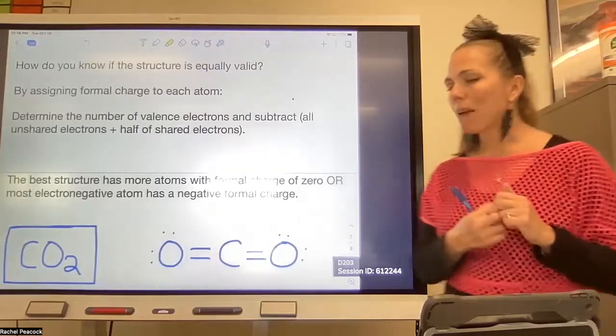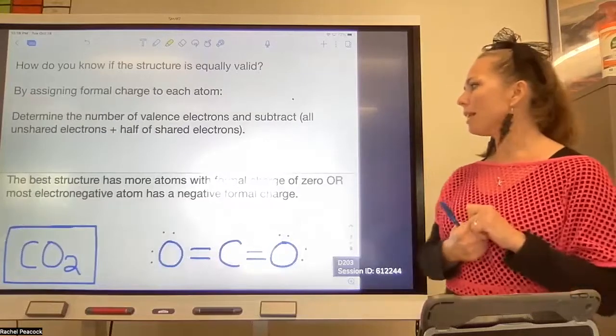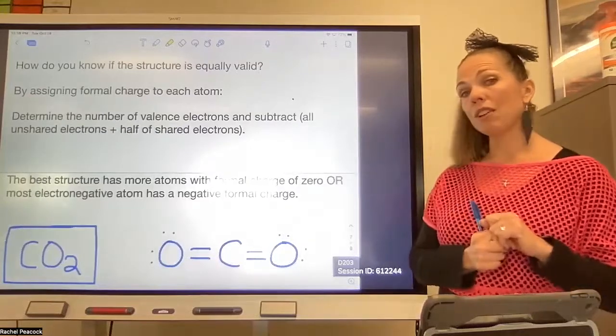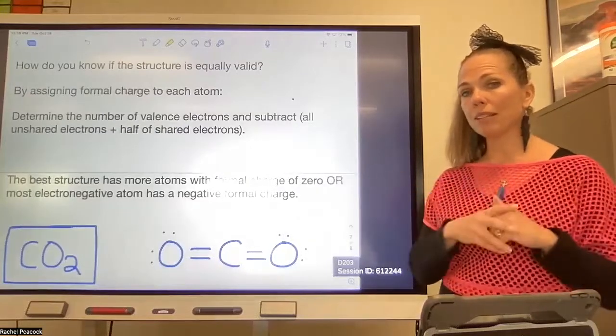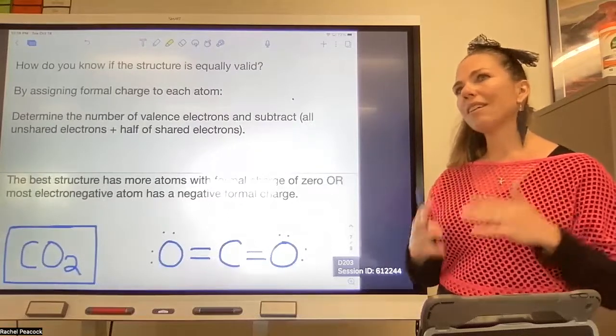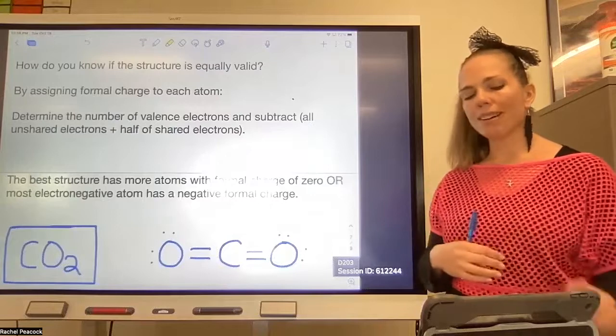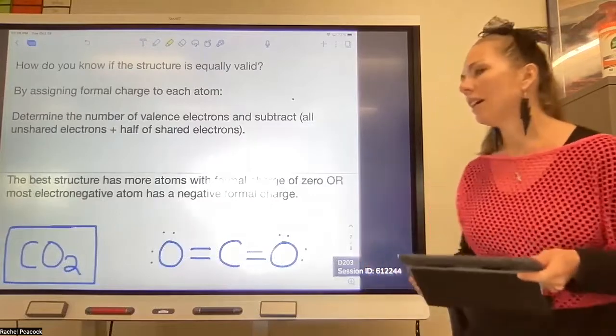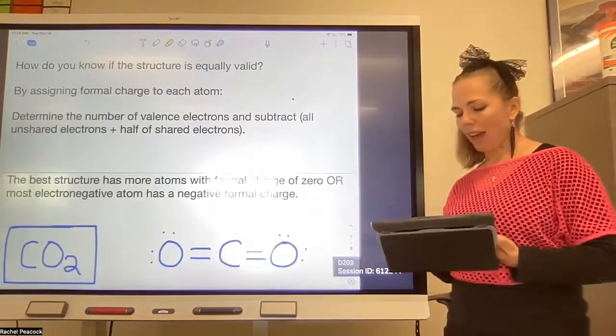Okay. The best structure is the one where there's a formal charge of 0 in as many places as possible, or where the more negative formal charge is on the more electronegative atom.